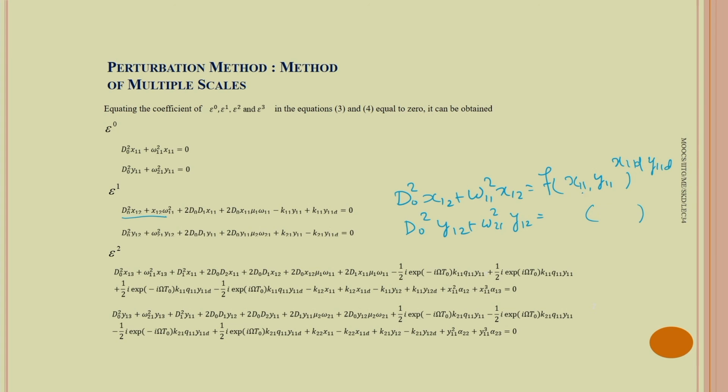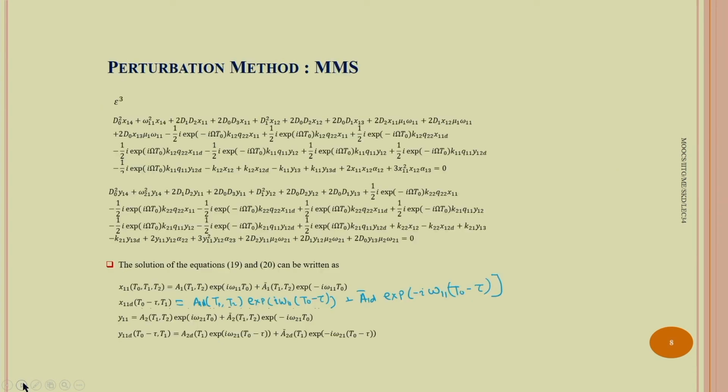So, these are functions of both x and the delay part of the system. That way we can write down these equations. Now, substituting the solution there, we can get the result.